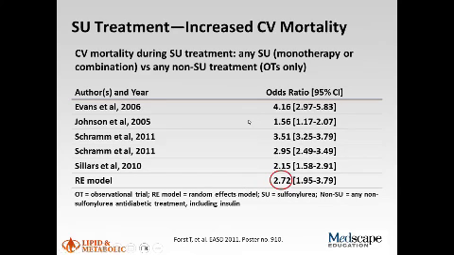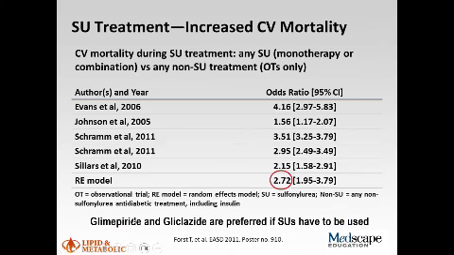So if at all you have to use a sulfonylurea in a diabetic, please select glimepiride and gliclazide, which are supposed to be a little more not so harmful. I will say they are not so harmful as other sulfonylureas.